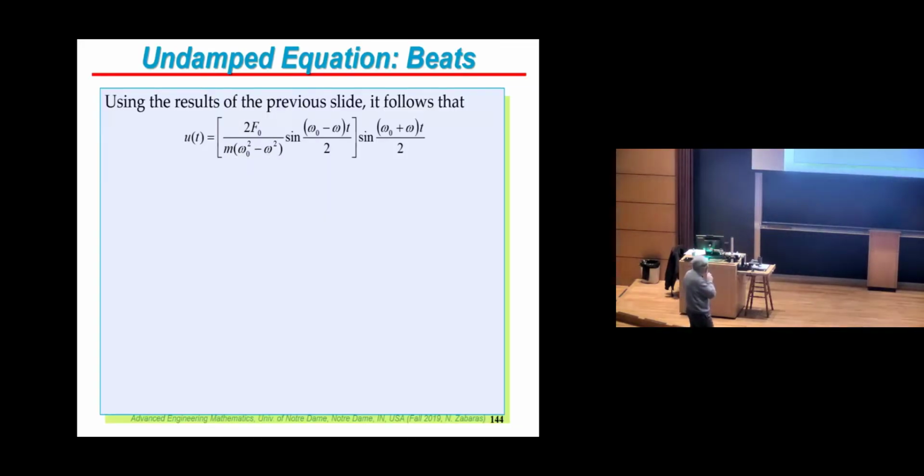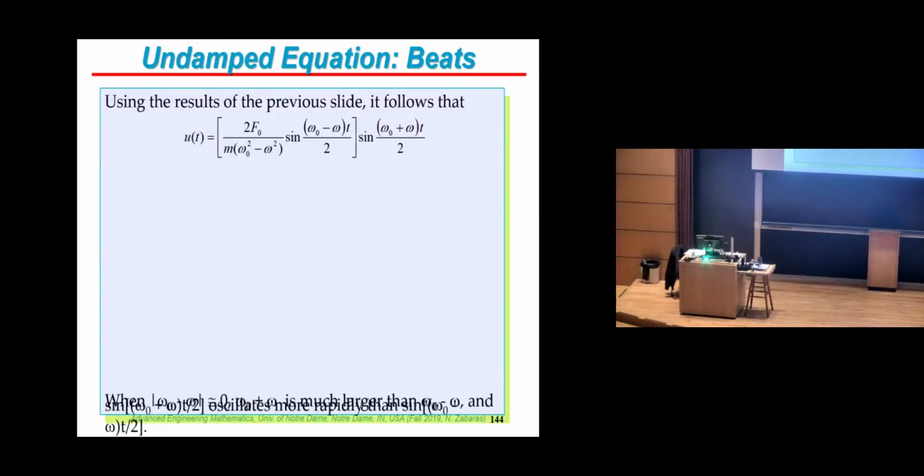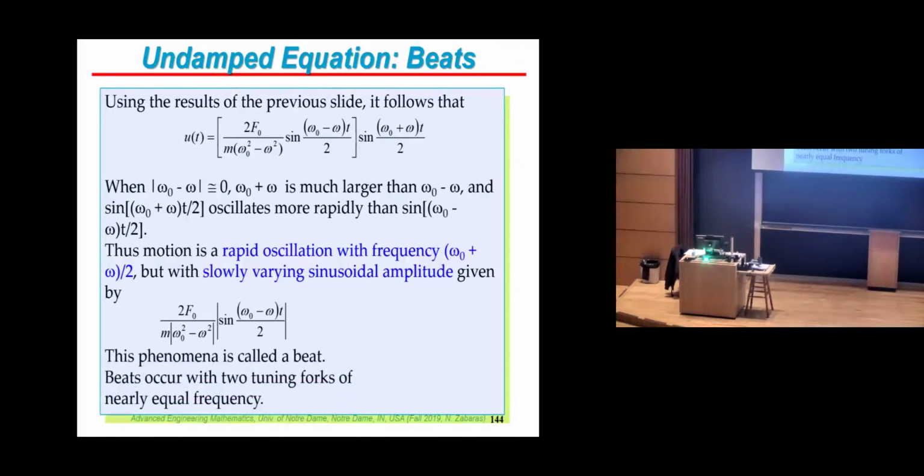You remember from trigonometry? So why do I care? Because now when you look at this expression, you can see there is a fast oscillation defined by the frequency (omega 0 plus omega) over 2. And then there is a slower oscillation of the amplitude defined by the frequency (omega 0 minus omega) over 2. And if you actually plot this, this is how the solution looks.